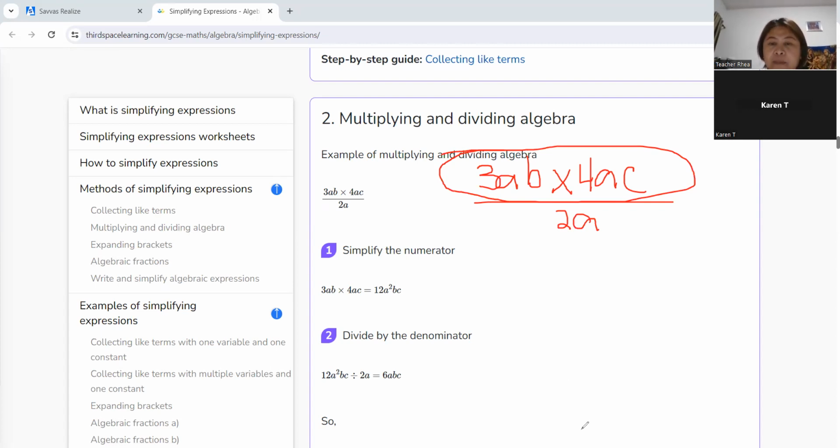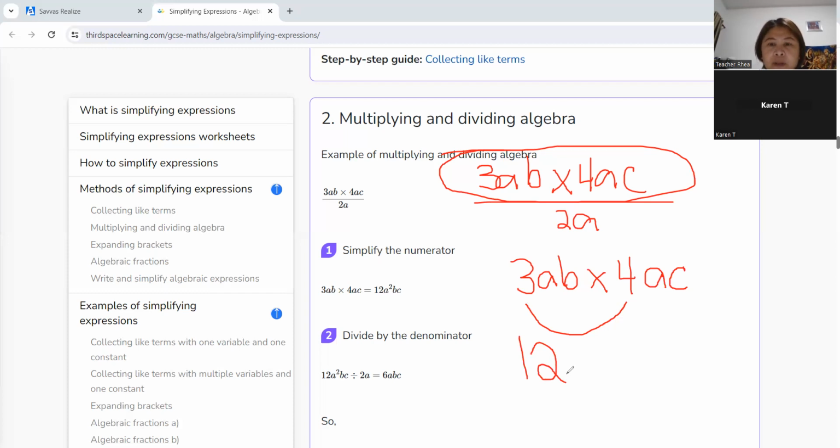For example, the numerator is 3ab times 4ac. You need to multiply the coefficients first. So 3 times 4 would be 12.